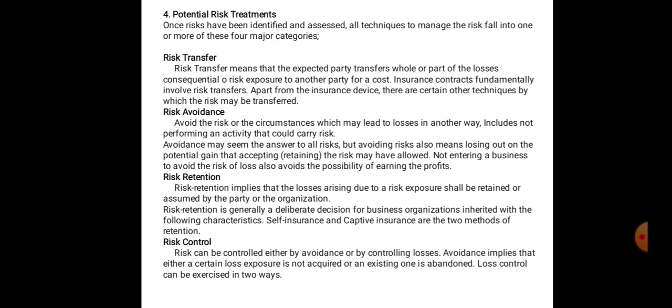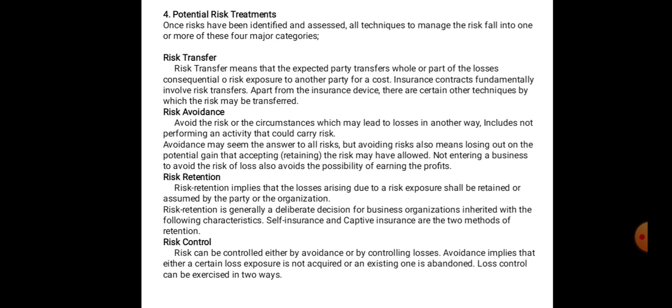In risk transfer, we transfer the risk which has arisen for us to another party. In the process, what we call hedging. Hedging means nothing but shifting of the risk to another person. So that we can do.